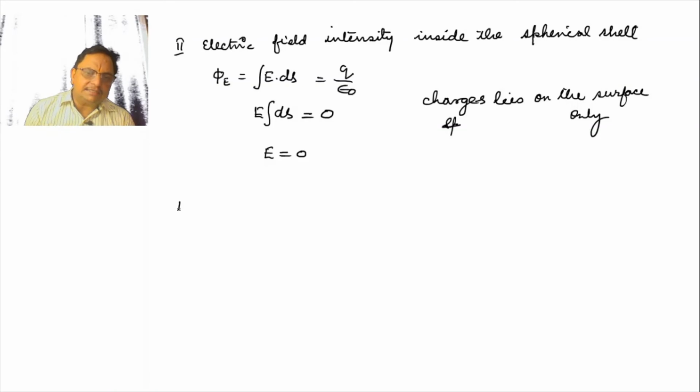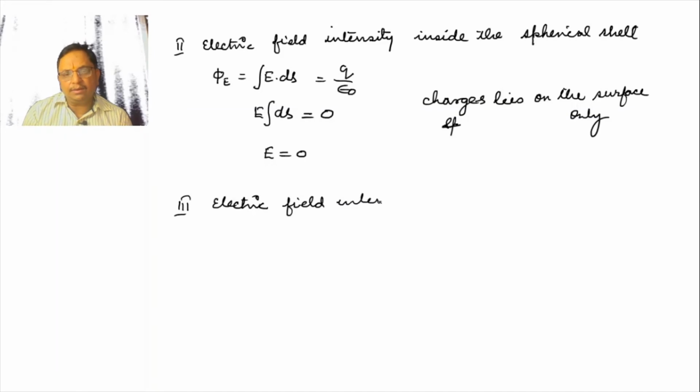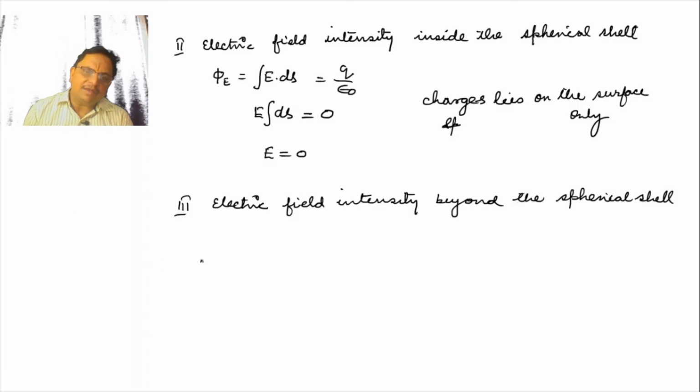Now the third case, electric field intensity beyond the surface. Beyond the sphere or spherical shell, we will consider phi is equal to E into ds is equal to q over epsilon 0.